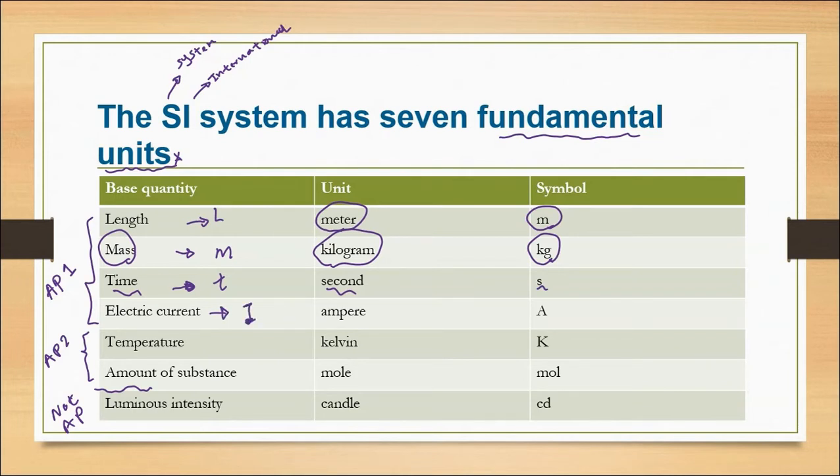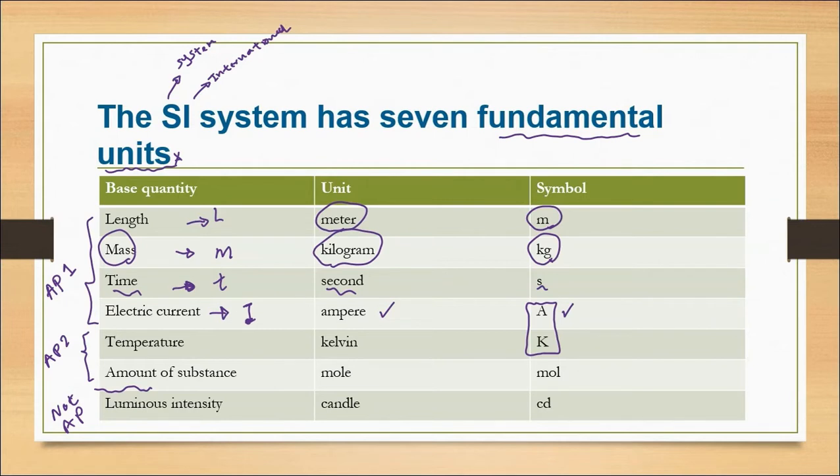The unit is ampere, and the symbol of ampere is A. Temperature, Kelvin, and amount of substance is mole. The reason that these 2 are capital is because they are names of scientists. Ampere is the name of a scientist.